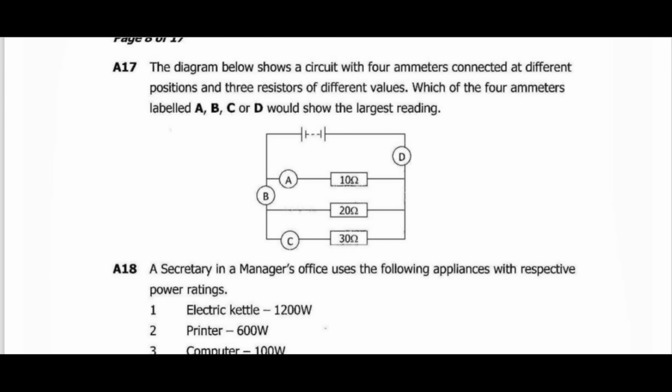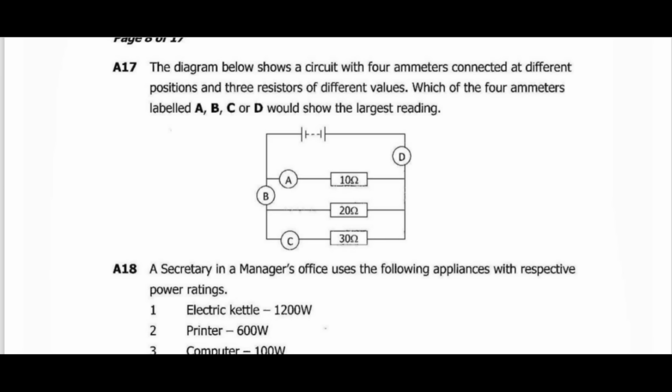So question 17. The diagram below shows a circuit with 4 ammeters connected at different positions and 3 resistors of different values. Which of the 4 ammeters, labeled A, B, C, or D, would show the largest reading? So we want to determine the ammeter where we think we are going to have the largest current.